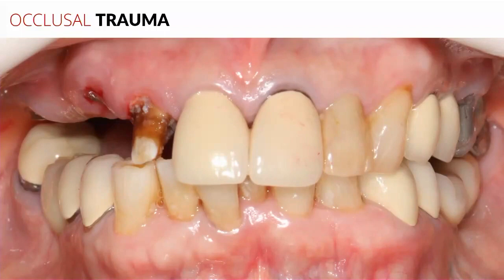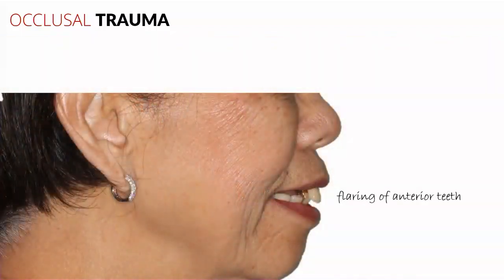Okay. So again, another scenario, right? Loss of posterior support. And what we see here from a sagittal view is the flaring of the teeth. Remember we talked about the teeth getting overloaded and getting pushed forward. You get diastema. You also see this, where the angle that Catherine described, right, gets more exaggerated because it's getting pushed. Okay?